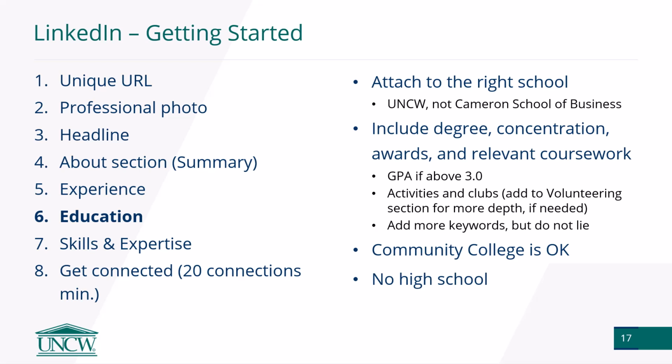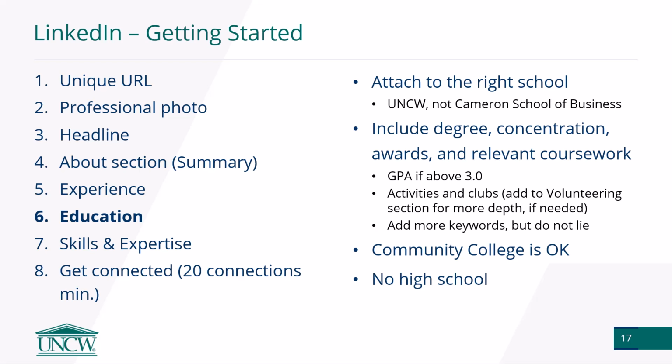Education is very similar in terms of this. Make sure you attach it to the right school. I also didn't mention that in the experience section, but make sure you attach it to the right organization. Sometimes people will type in the company name and not do a search for the company because it may have a division name or something that may not be affiliated with the organization on LinkedIn.